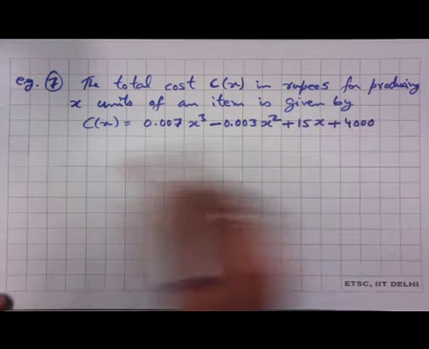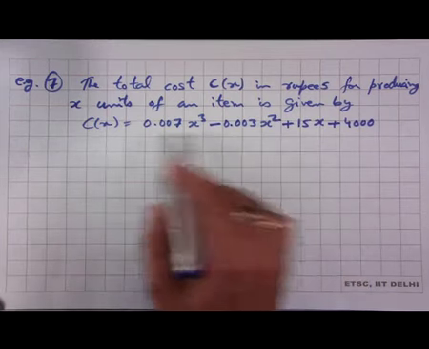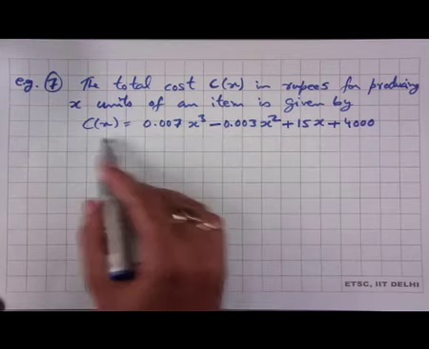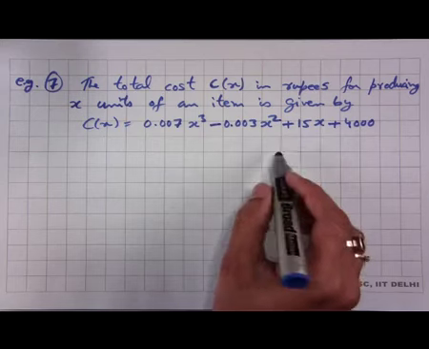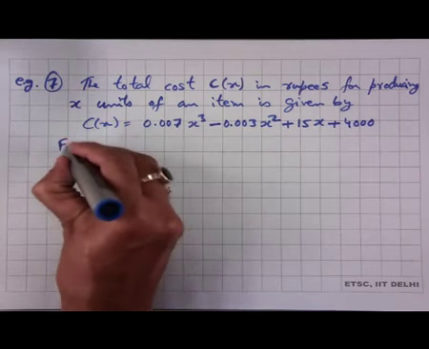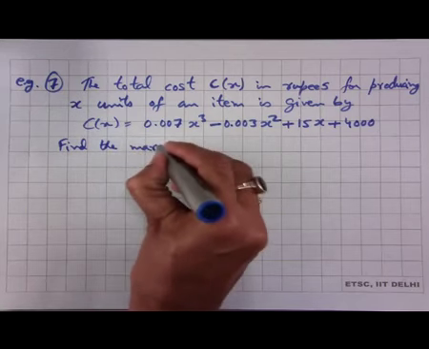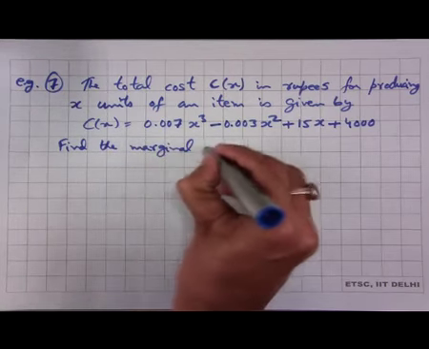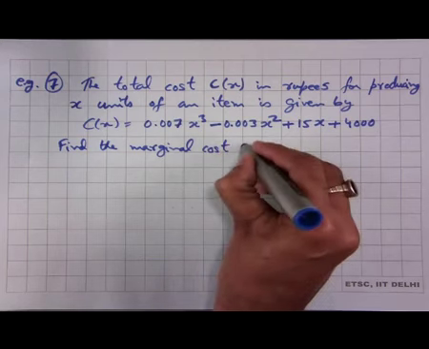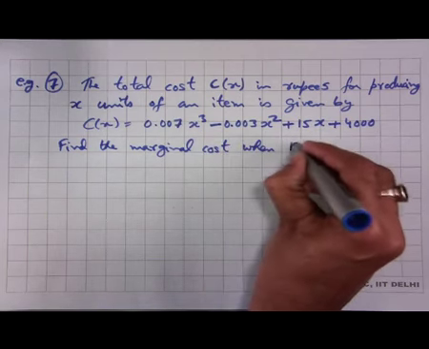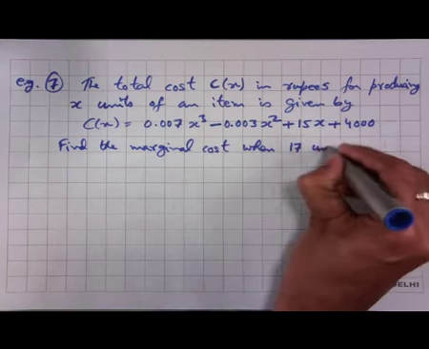So, this formula is given that the cost incurred for producing x units is given by this formula. Now, what we have to do is we have to find the marginal cost when 17 units are produced.